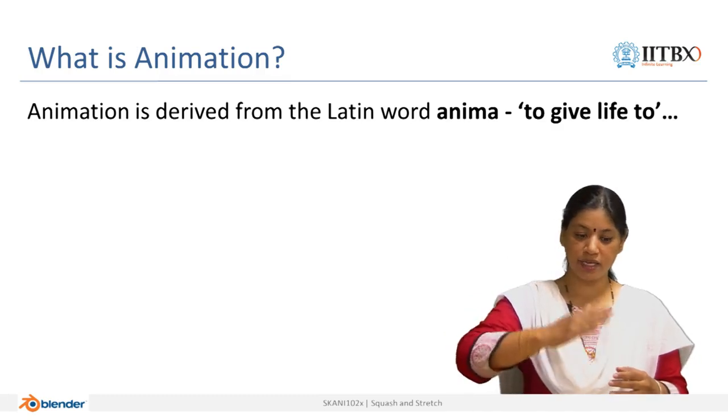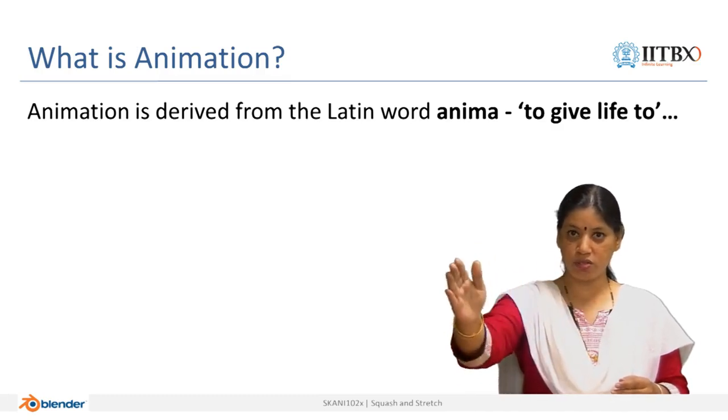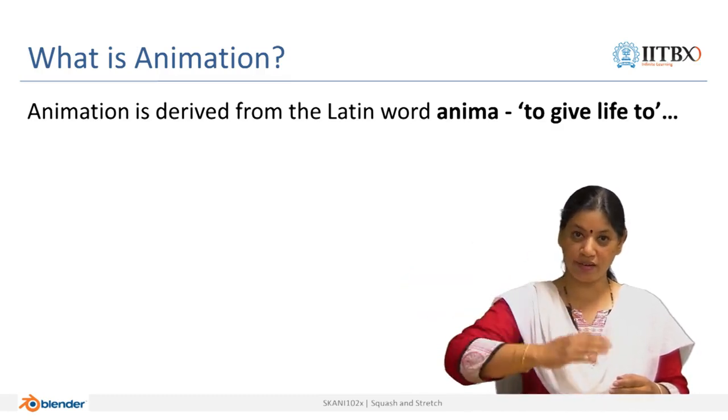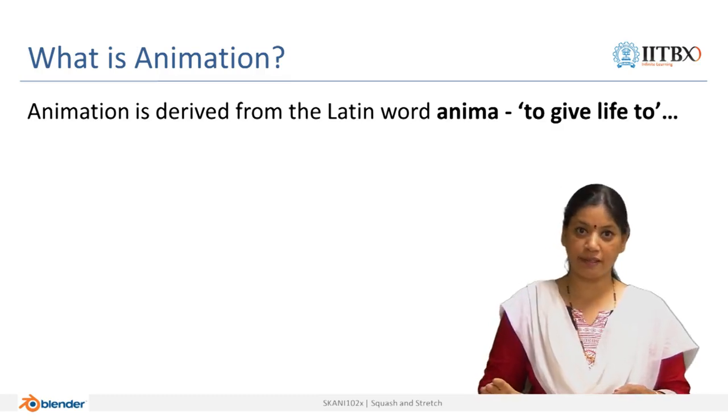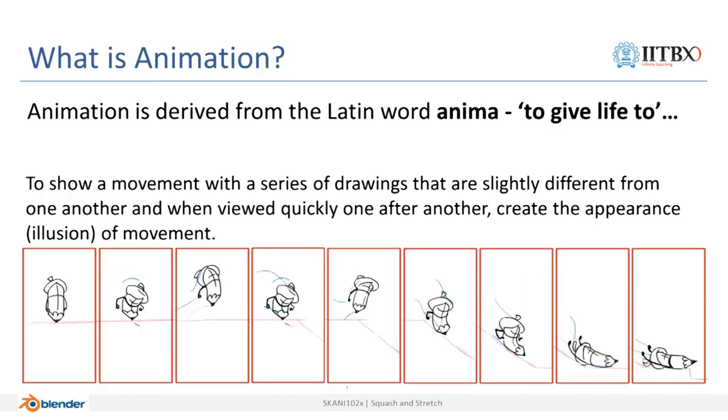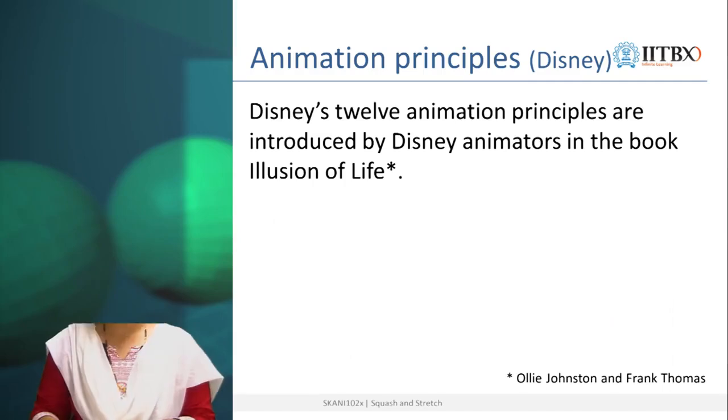For example, if I want to animate a hand moving from this position to that position, then what will I do? I will create several in between positions of this hand and I will run all these frames at 24 frames per second. So, I will get an illusion of movement, moving this hand from one position to another. That is why this technique is called animation.